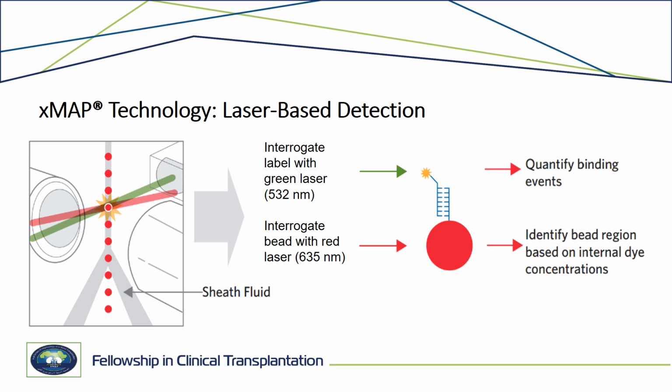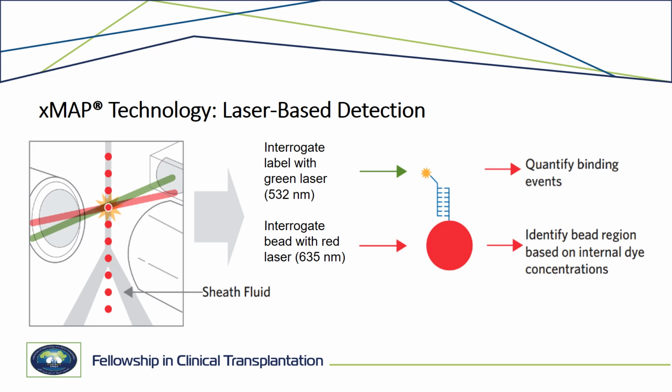The way this Luminex assay works for HLA typing is the same as flow cytometry, but it's a micro flow cytometry. It consists of sheath fluid and lasers. Your beads, which contain your DNA sequence, pass through the sheath fluid until they reach the interrogation point, where they are hit by two lasers, the red and the green laser.